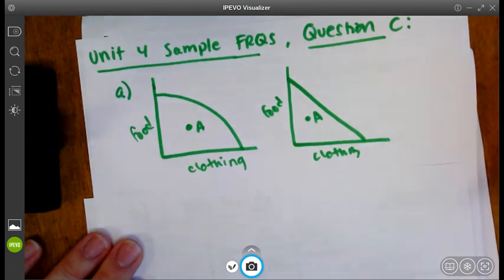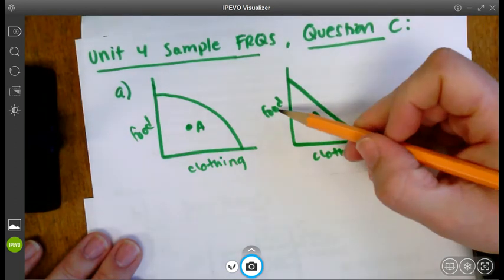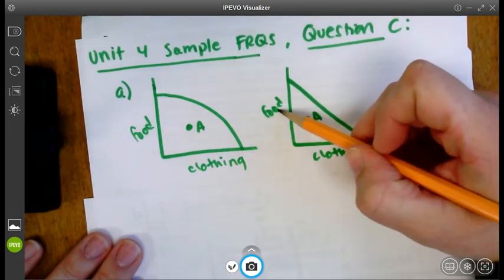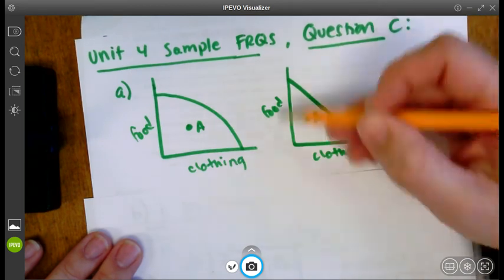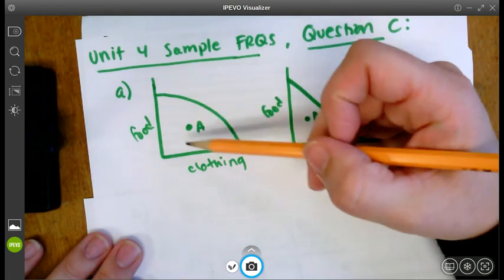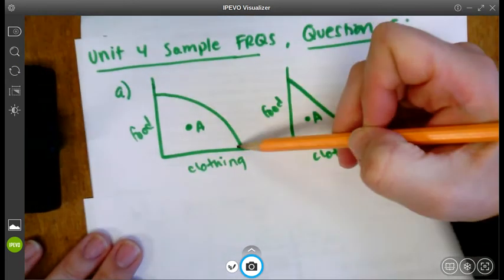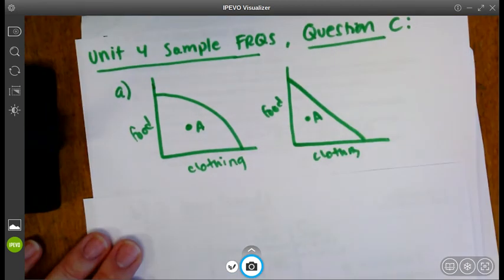So if they were perfectly interchangeable, meaning that for every unit of clothing you make, you would sacrifice an equal unit of food, you could have a flat production possibilities curve. With resources where there's the law of increasing costs, we have the bowed out traditional production possibilities curve.